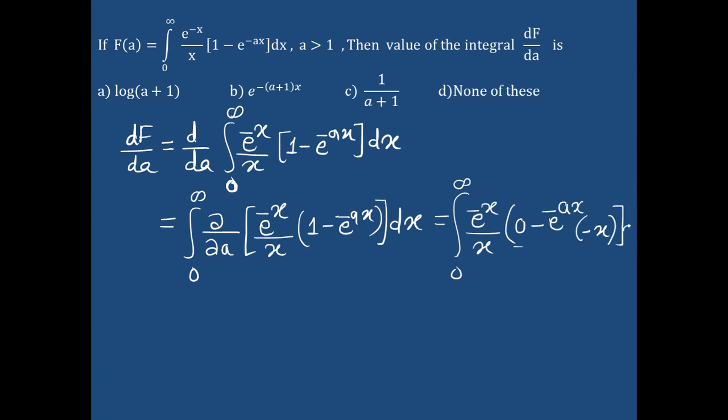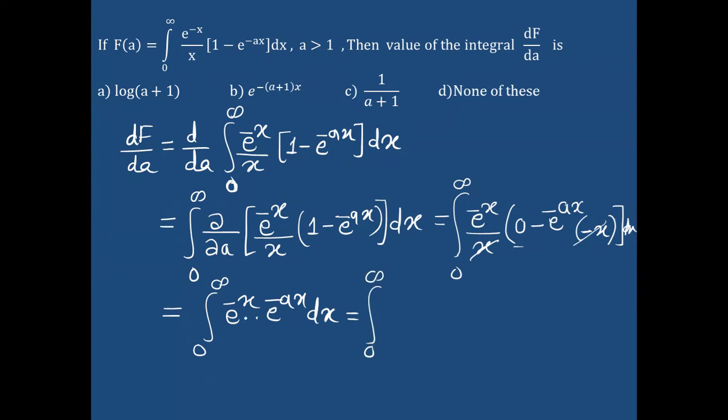Now the differentiation by Leibniz rule 1 is over. Simplify: minus x into minus gives plus x, which will get cancelled. So we are left with the integral 0 to infinity of e power minus x into e power minus ax. Now just apply the law of indices.